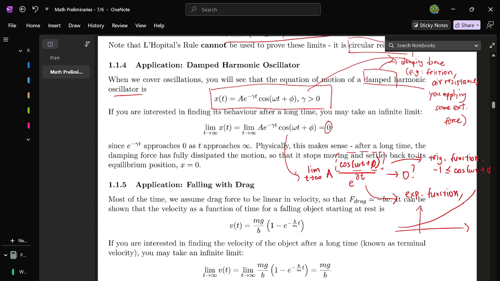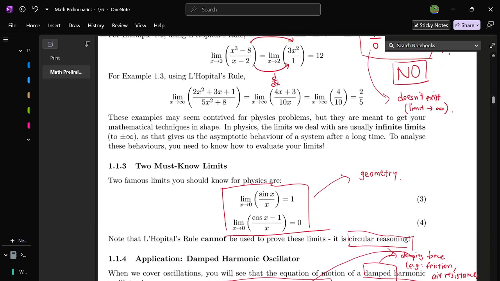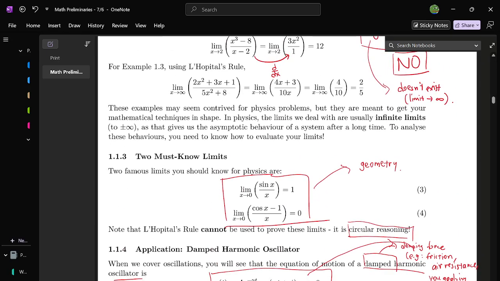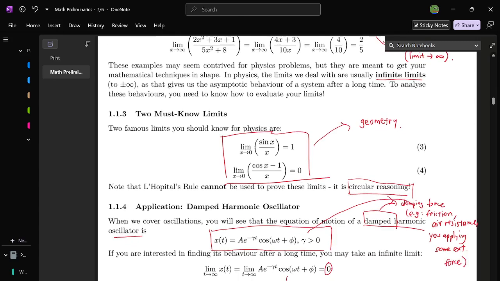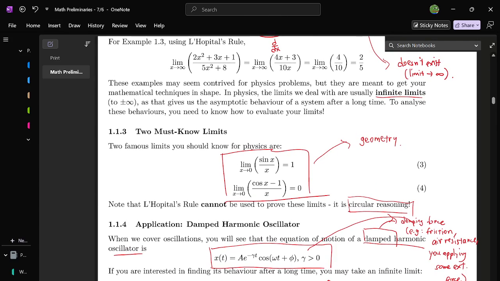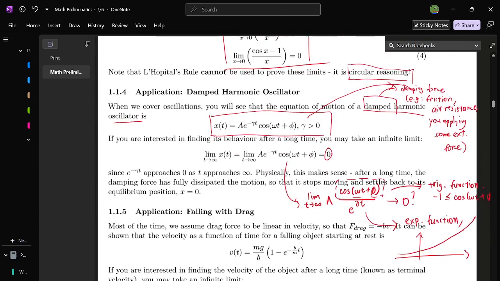So eventually, this object would have to stop moving and settle back to its equilibrium position, which is x equals 0. So with limits, you have shown that a damped harmonic oscillator will eventually settle back into equilibrium after a long time. This is one of the most powerful things that a limit can do. In physics, it will be infinite limits, and you have to be familiar with this. This is just one application.